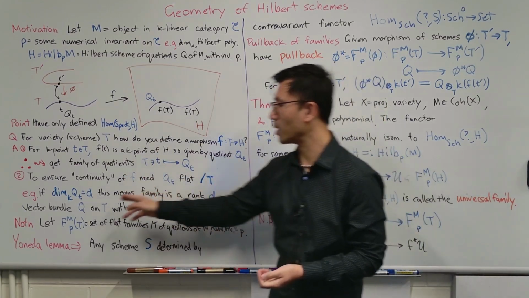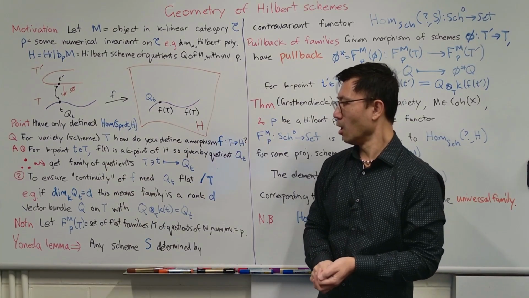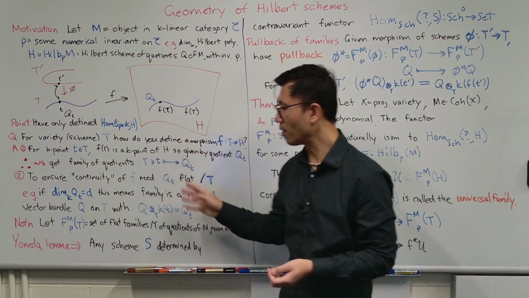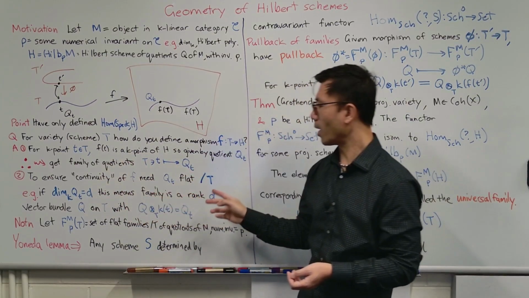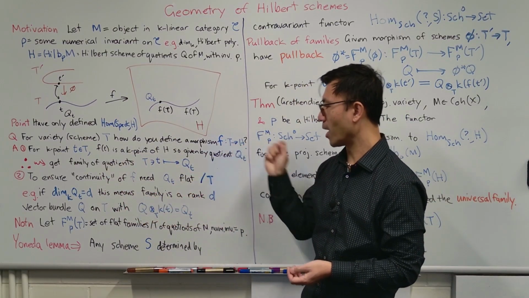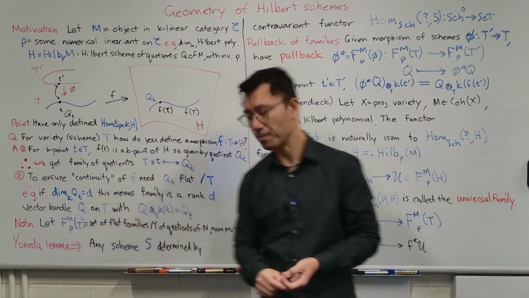So you want a vector bundle with this property. Okay. So that's great. So I guess you can use this definition. And so really, if you want to define the set of all maps from T to H, we'll call that FMPT, right?